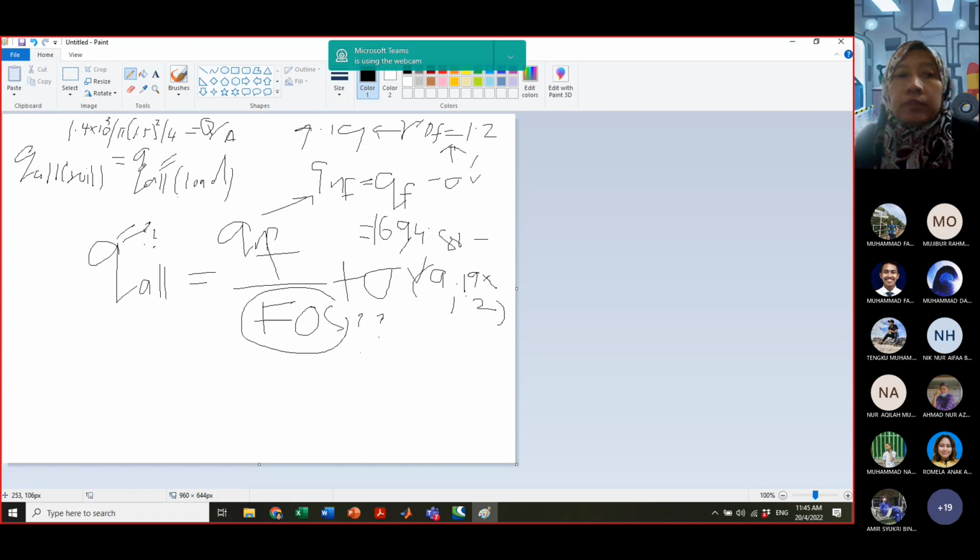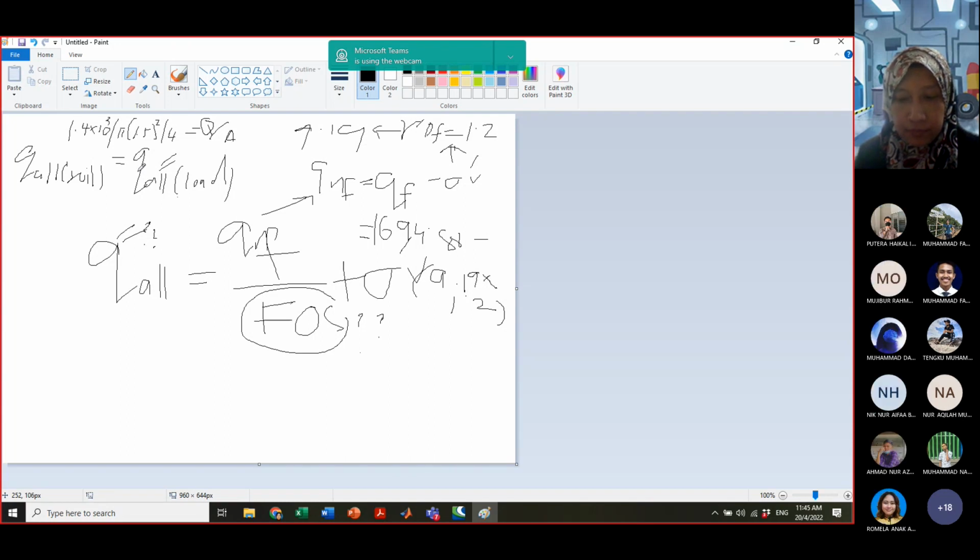So cuba calculate berapa? Q over A. 792.24.